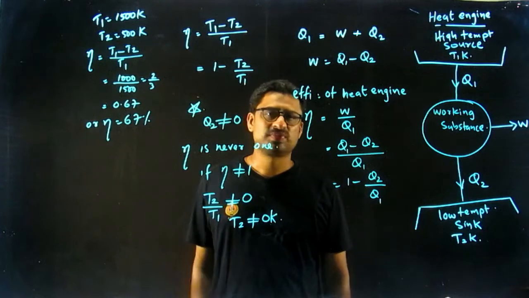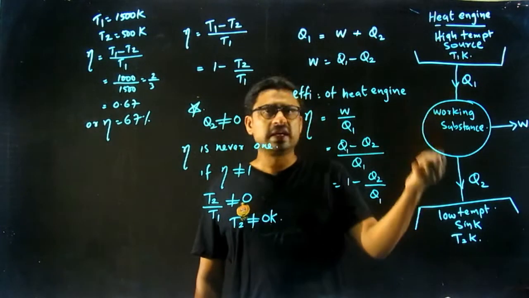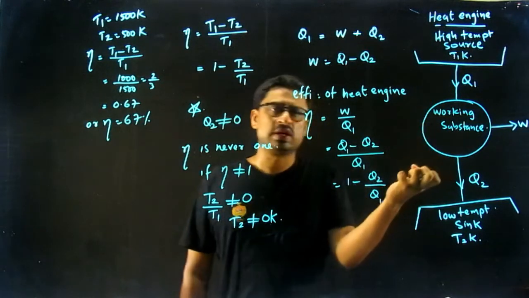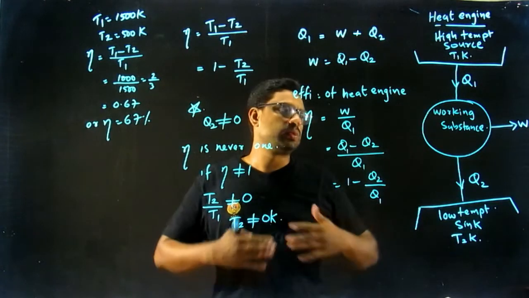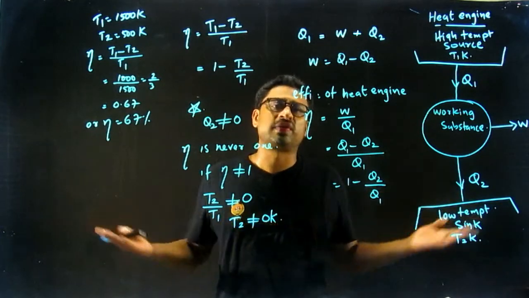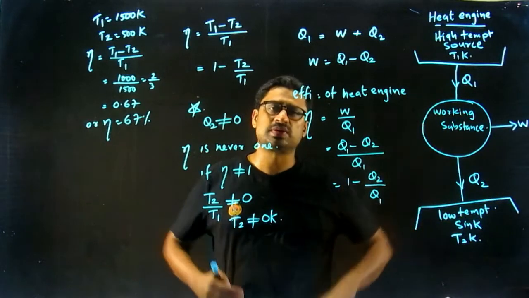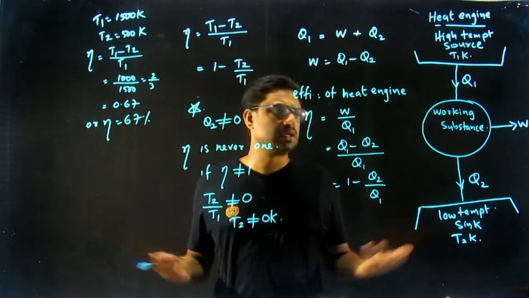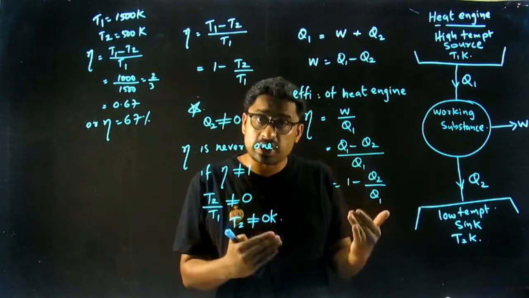So that's a challenge. And second thing, if you are taking heat from the source, the working substance is taking heat from the source, it may get heated up, or there is possibility that there is a kind of conduction happening through the side walls of the container of the working substance. All these are possibilities. There may be loss due to radiation, there may be loss due to heating up of the gas, there may be loss due to friction.